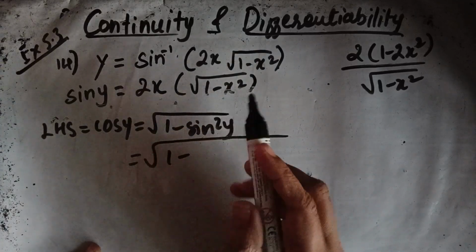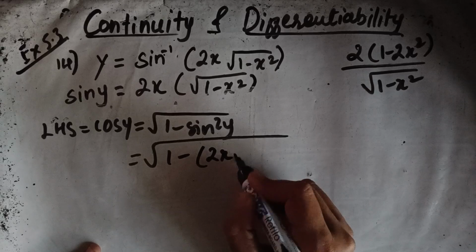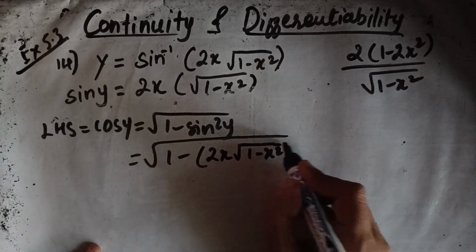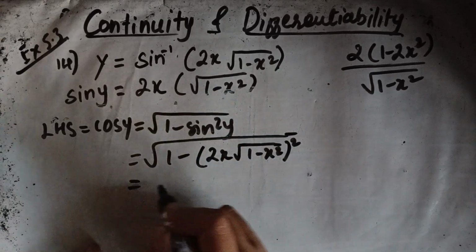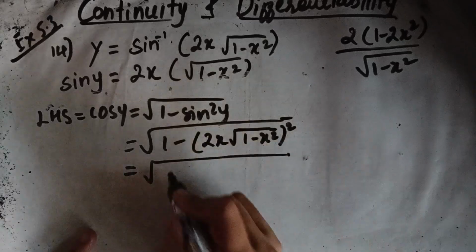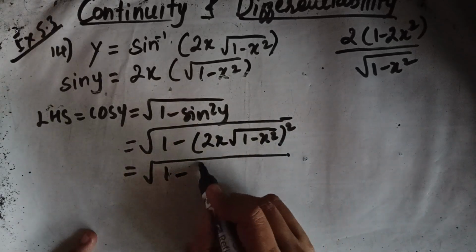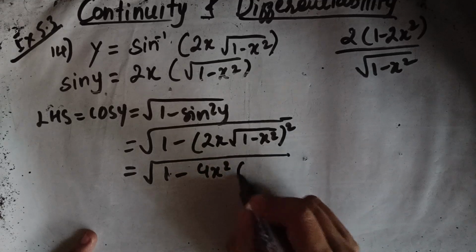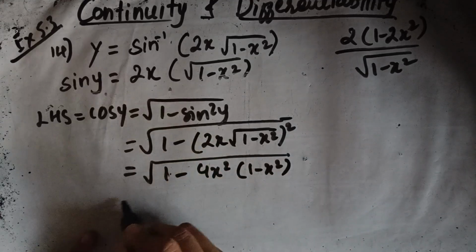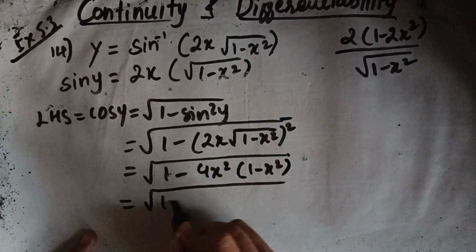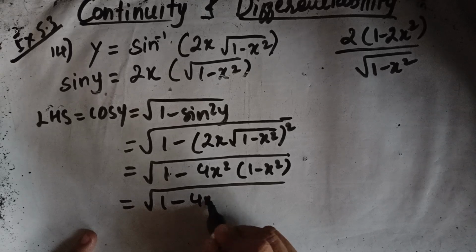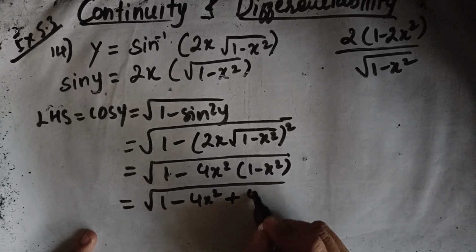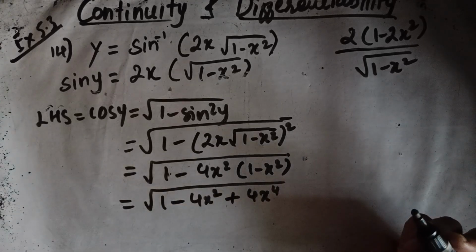Sine y is this square. So 1 minus 2x square is 4x square, and square and root cancel, so this is 1 minus x square. 1 minus 4x square plus 4x raised to 4.